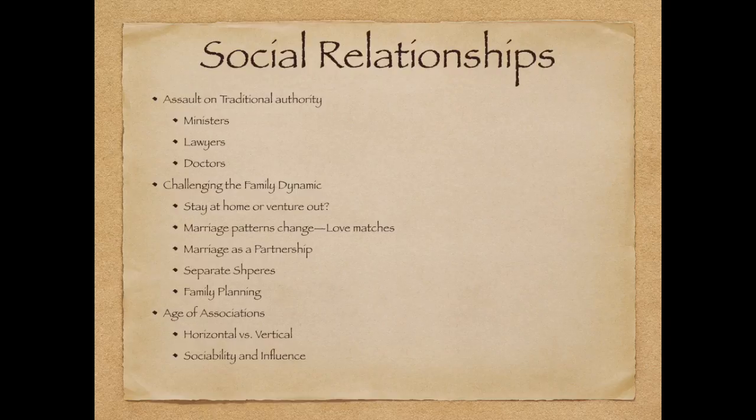Courtship patterns also changed as a result of this social revolution. Many young people who could no longer depend on their parents for land began to decide for themselves when and whom to marry. By the early 1800s, young men and women viewed romantic love as indispensable to a successful marriage.